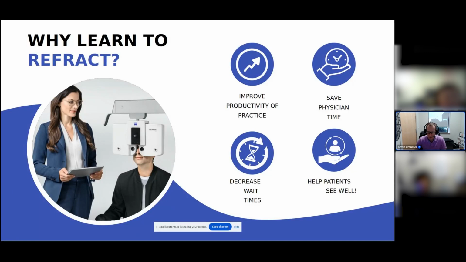The physicians can refract patients too, but anything you can do to take work off the shoulders of the physician is really going to help that professional see more patients, and also focus on the things that are probably most important in what they do.